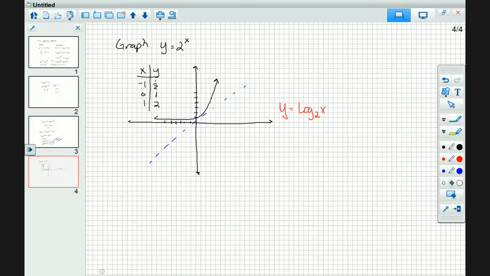So if you're geometrically inclined, every point here comes over here. So that's a geometric solution. We're reflecting across y equals x.